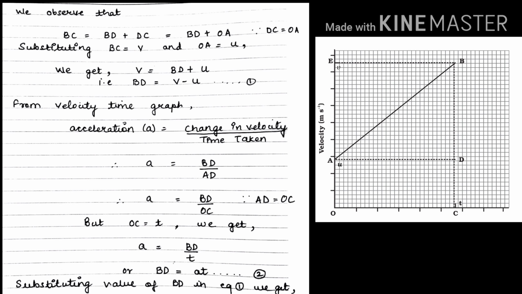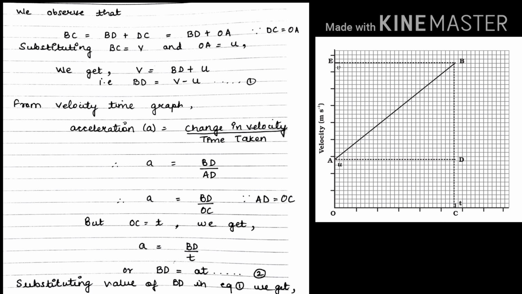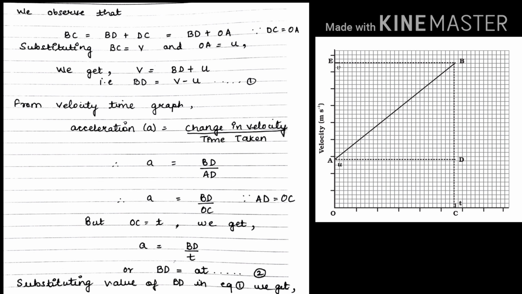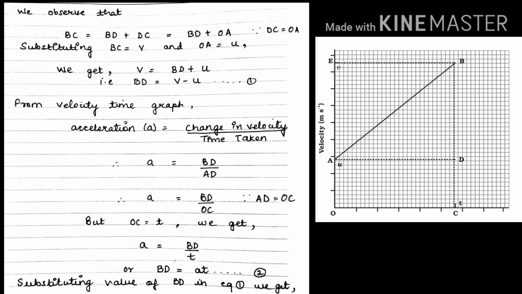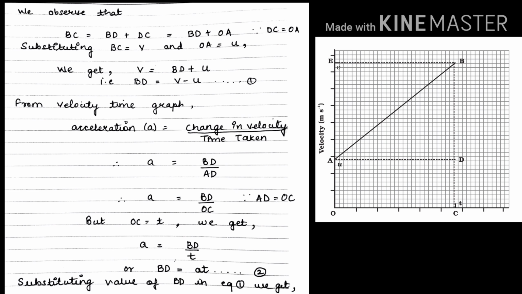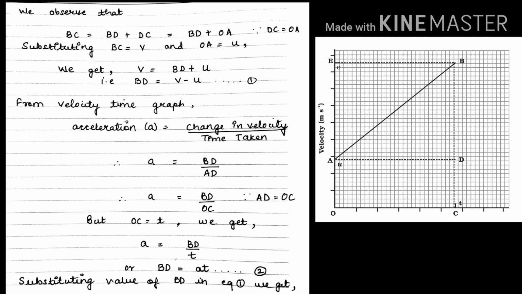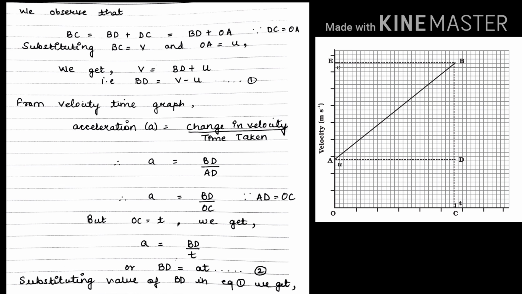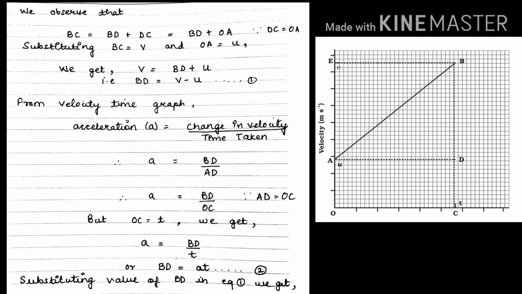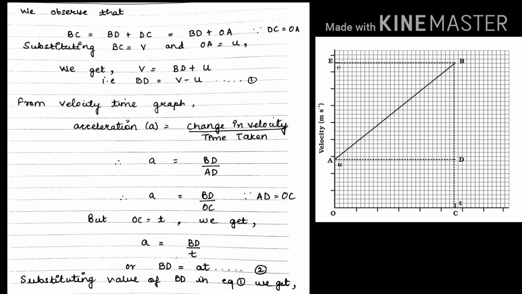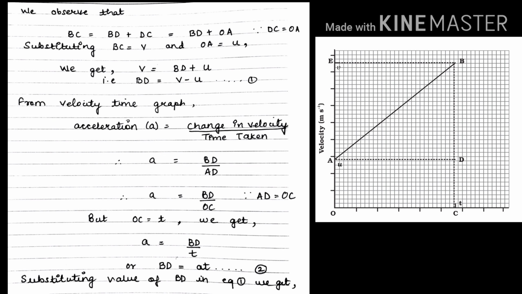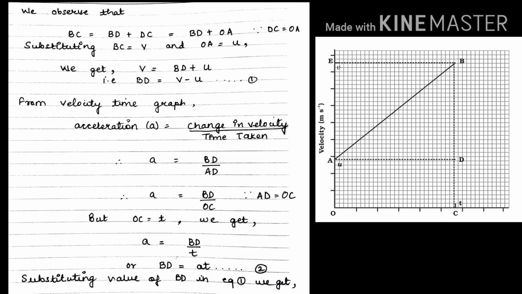From the graph, we observe that BC equals BD plus DC, which is nothing but BD plus OA. Why? Since OADC is a rectangle and opposite sides are equal, we can replace DC by OA.